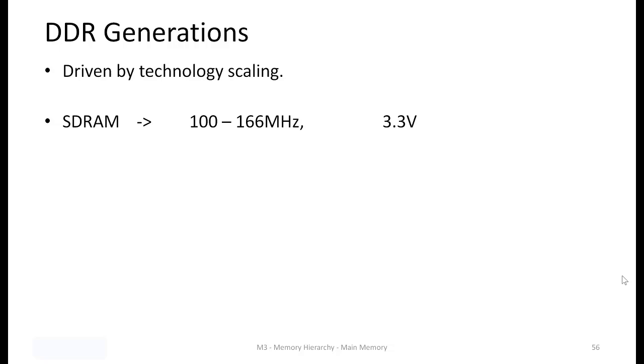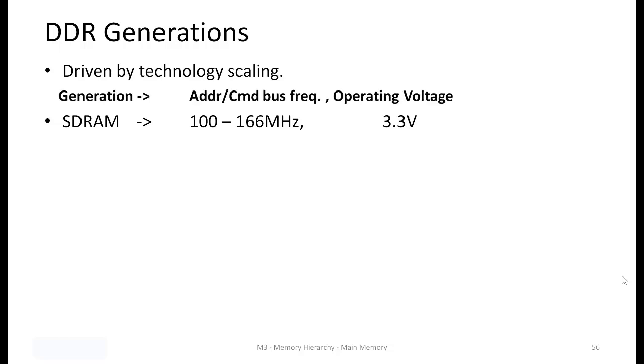After that, they deployed a clock, and all the later deployments of DRAM are synchronous DRAMs only. So the first generation was SDRAM, and the speed was somewhere between 100 to 166 megahertz only, and it was operating at 3.3 volts.